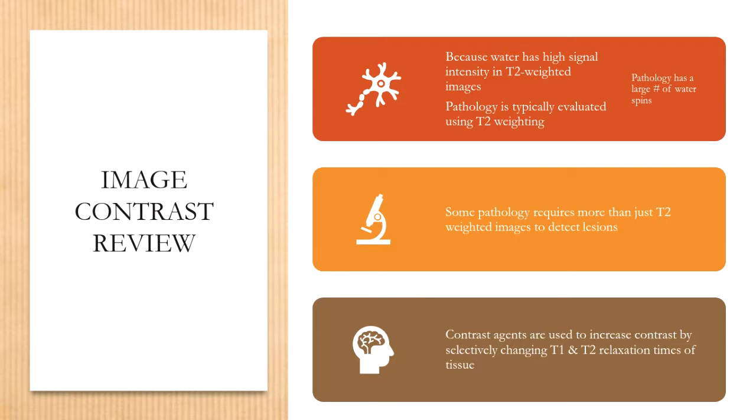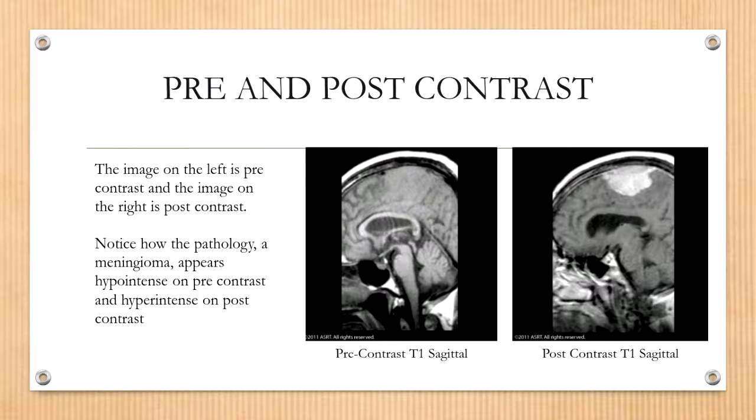But there are certain situations where using that extra contrast agent will allow us to increase the contrast of the lesions or the areas of interest by changing the T1 and T2 relaxation times of tissue. And so that's what we're going to be looking at today, is how imaging contrast, and primarily gadolinium, is going to allow us to do that.